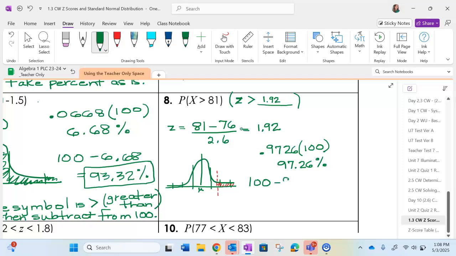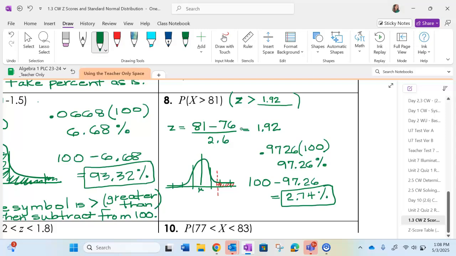So 100 minus 97.26 equals, so I'm going to put that in my calculator. 100 minus 97.26 is 2.74%. And that is my answer.